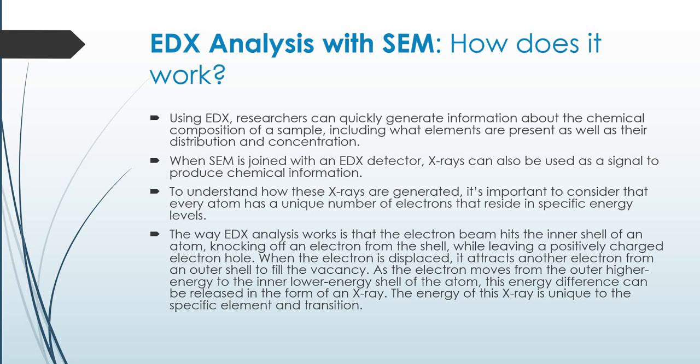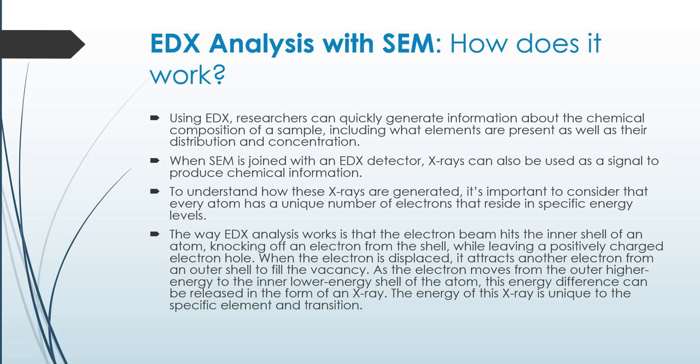With SEM, a variety of signals offer up different information about a given sample. For example, backscattered electrons produce images with contrast that carries information about the differences in atomic number, while secondary electrons produce topographic information about the sample.